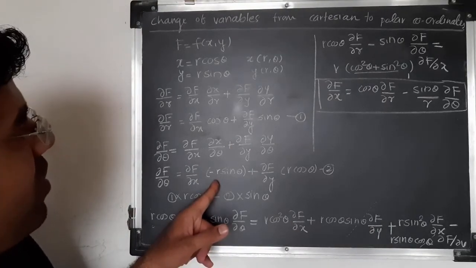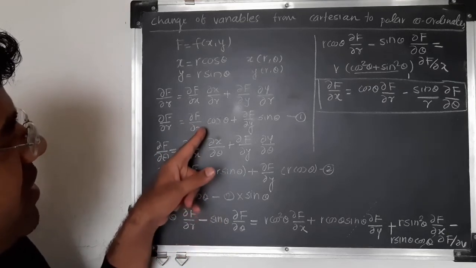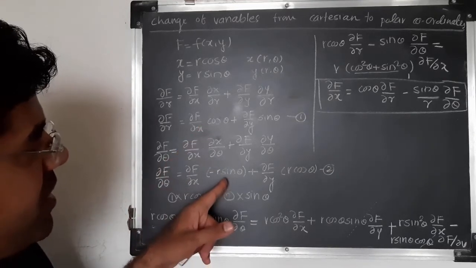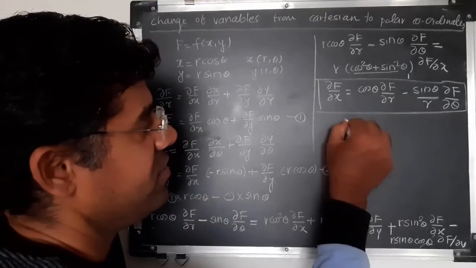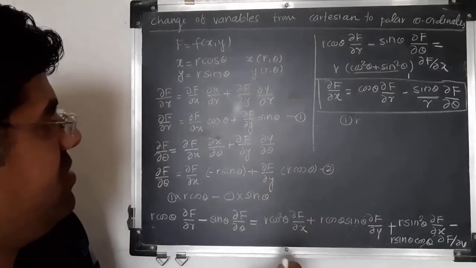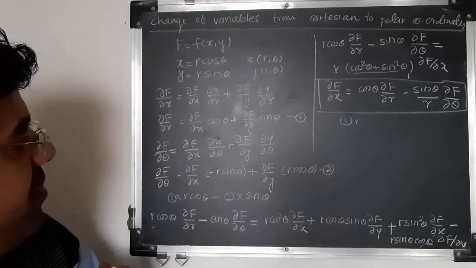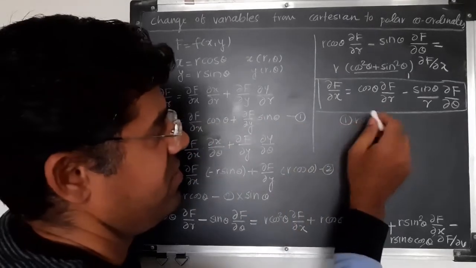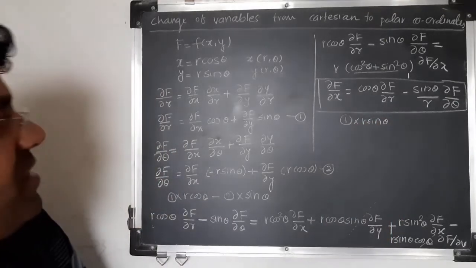Here we require that this term goes, so I will multiply equation 1 with r sin theta. Multiply equation 1 with r sin theta.